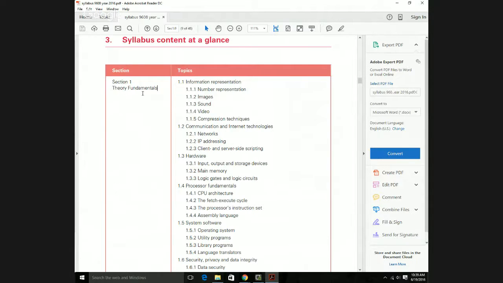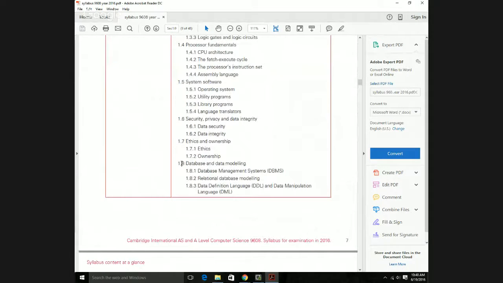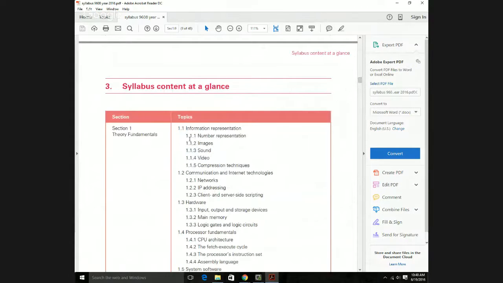This number means paper 1, and this is your chapter 1 or topic 1. We have a total of 8 chapters, and then we have the subtopics. Students should get familiar with all the topics and all the numbers. That's a good thing to carry on with.